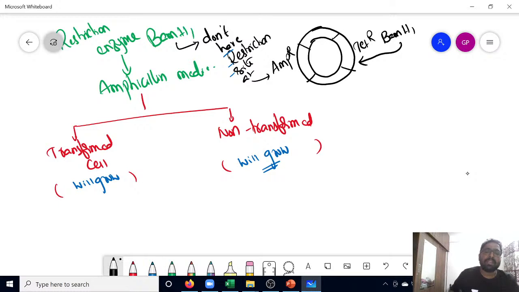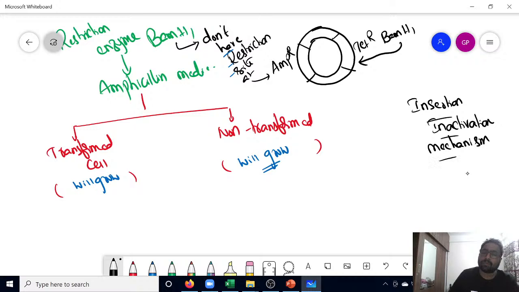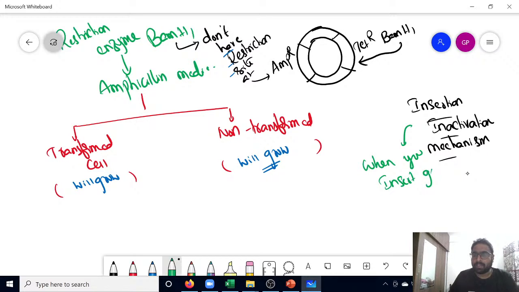Then here one definition you have to understand, insertional inactivation mechanism. What do you mean by insertional inactivation mechanism? When you insert a gene, one of the selectable markers is going to become inactive.